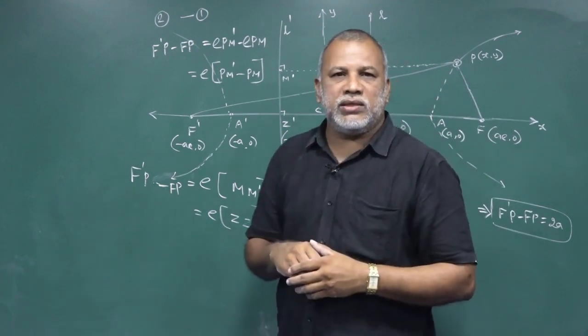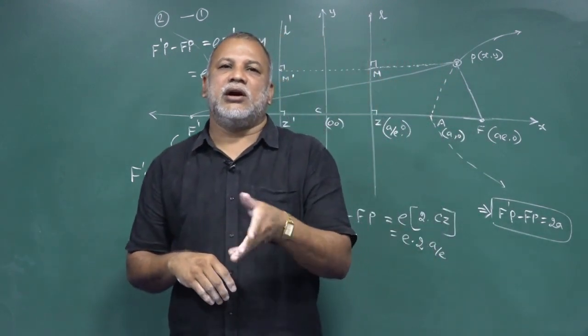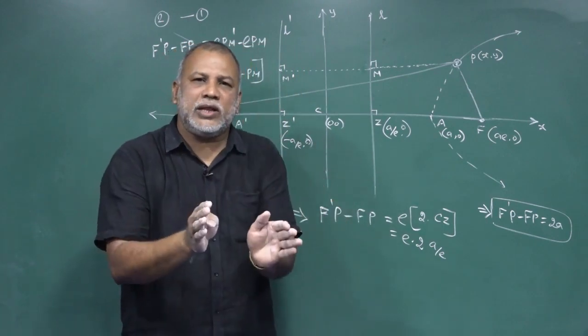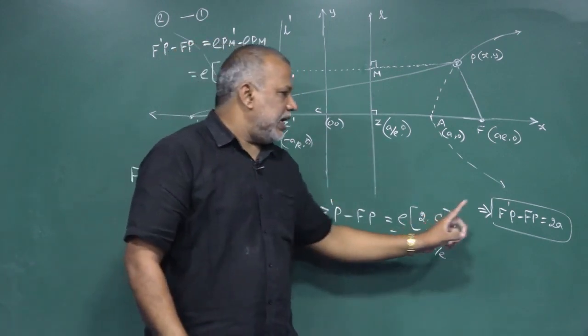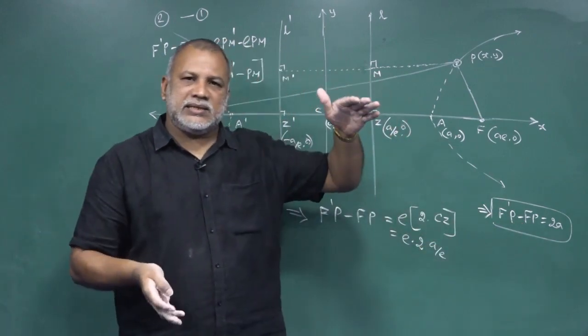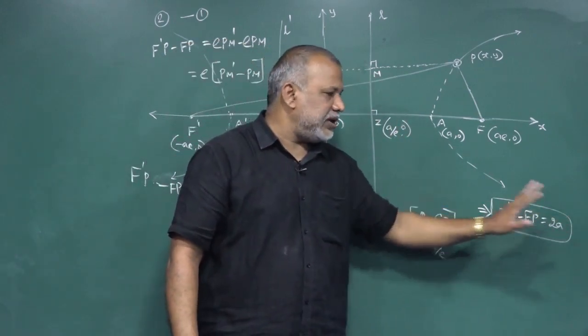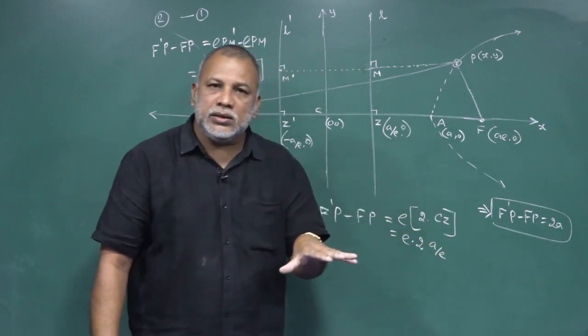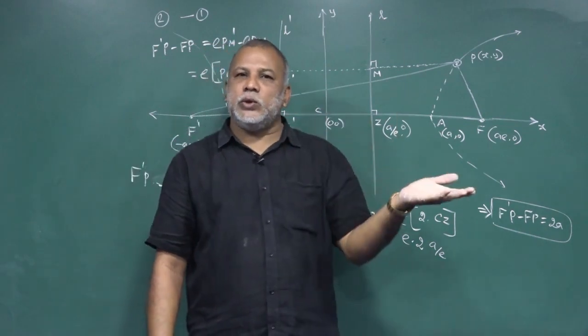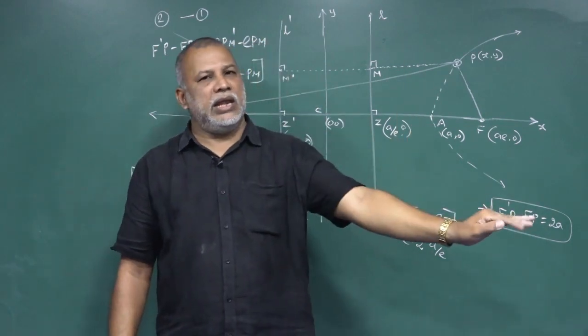The value 2A is nothing but the length of the transverse axis. Here we mean absolute value, take the positive, because F dash P is the greater distance, so F dash P minus FP equals 2A. So this is called the focal property of a hyperbola. In the same way, we already used the focal property on an ellipse.